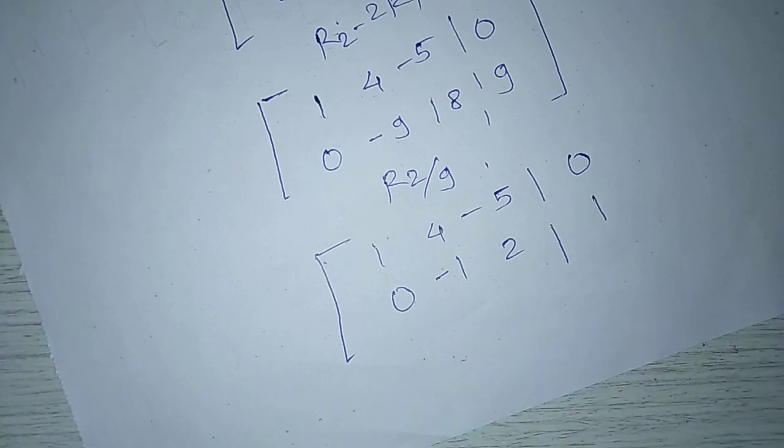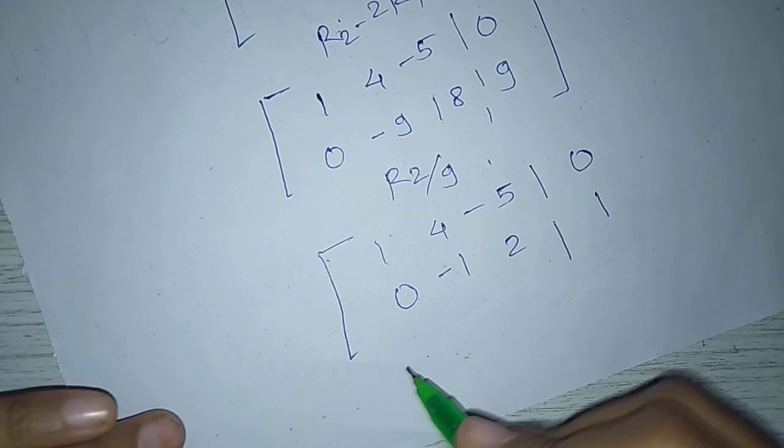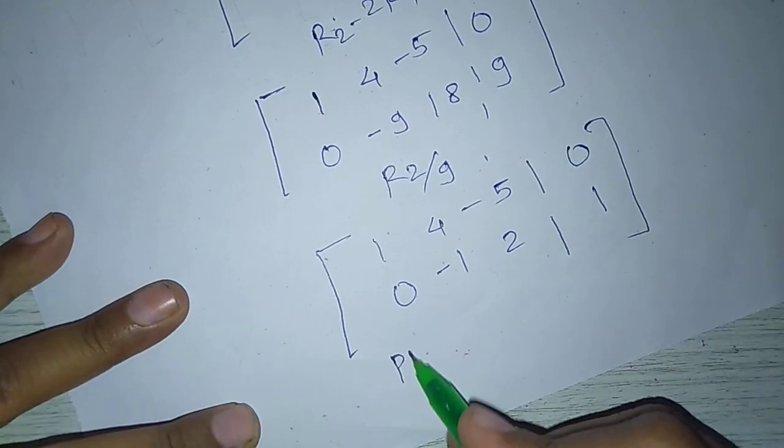Here the pivot positions occur in the first and second columns. In the third column there is no pivot position, so put x3 as a free variable.